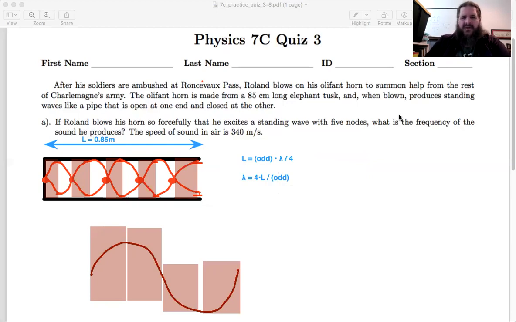Also, instead of the wavelength, we really want the frequency. So how do you convert wavelength to frequency? How are frequency and wavelength related to each other?